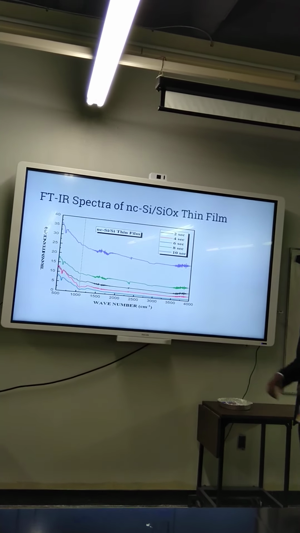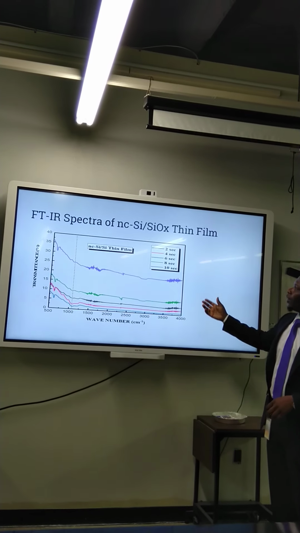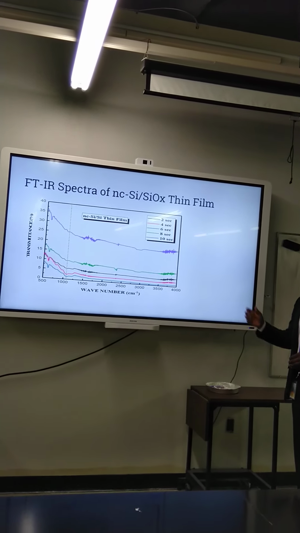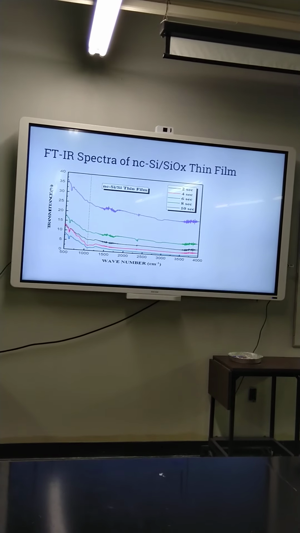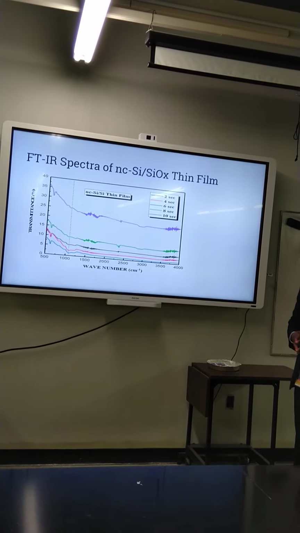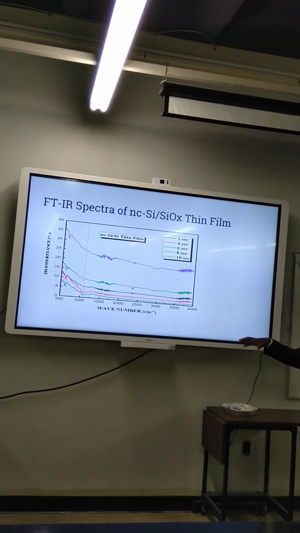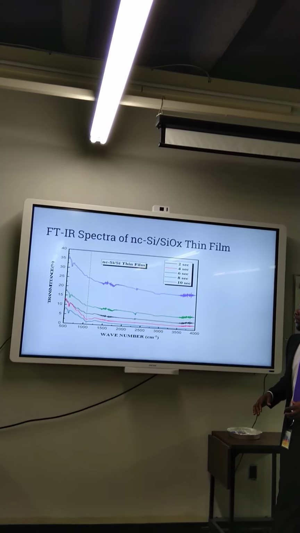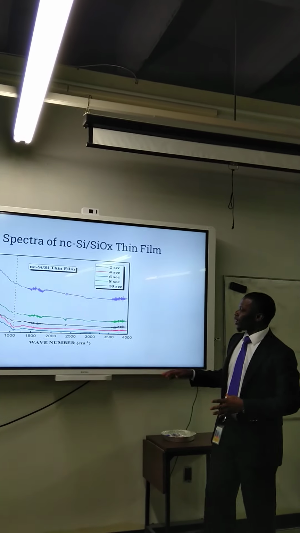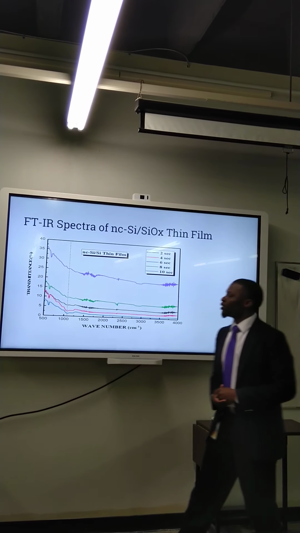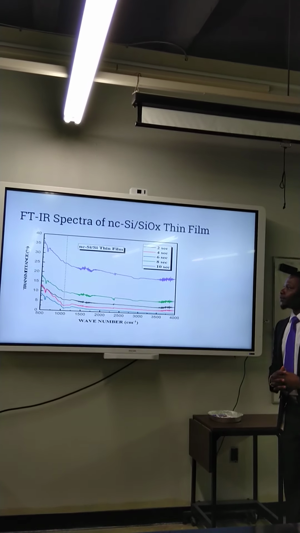In this case, these were the FTIR results showing the nanocrystal silicon on the silicon oxide film. Here we have the wave number, and then the transmittance on the other side.